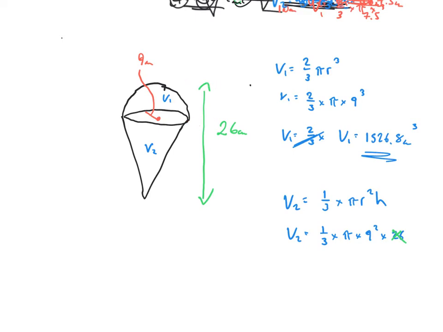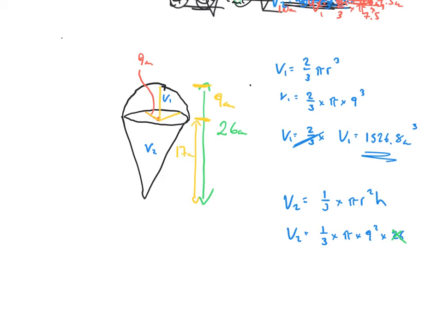We already know what that bit is, because the radius is 9. So it's 9 there, 9 there, and 9 going up as well. So that is 9 centimetres. What you need to do is take that 9 off the 26 to leave you with this height here. And 9 off 26 will give me 17 centimetres.